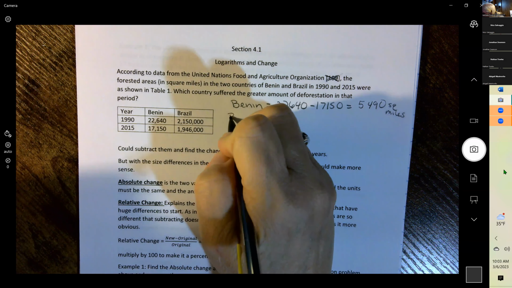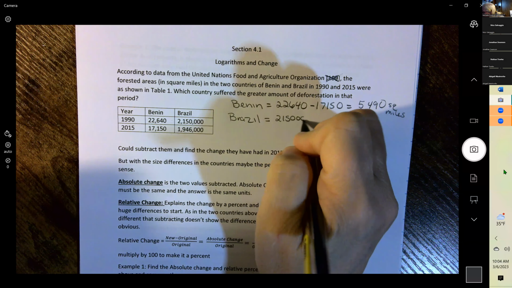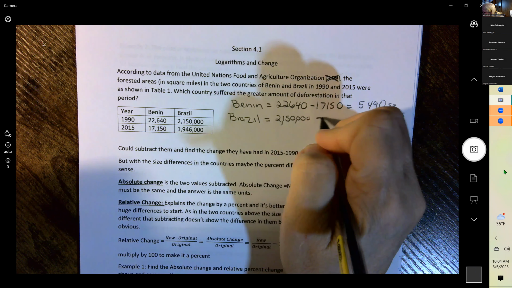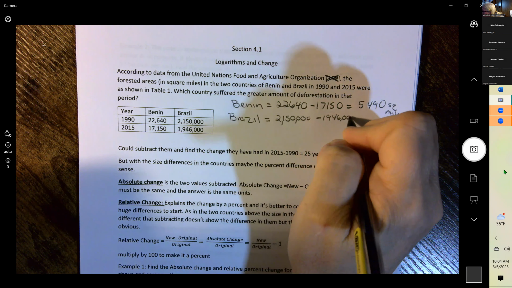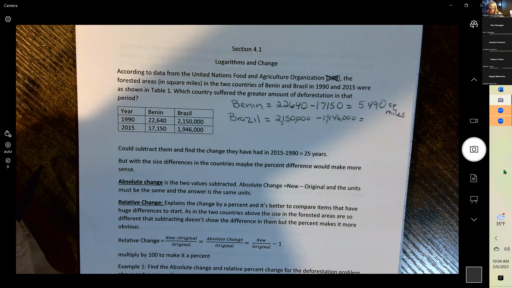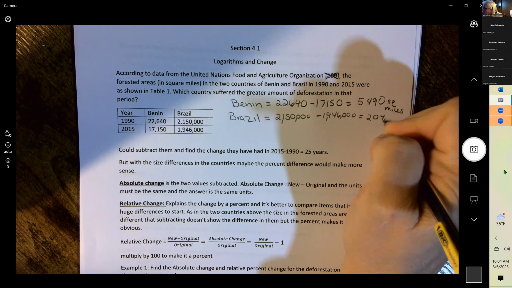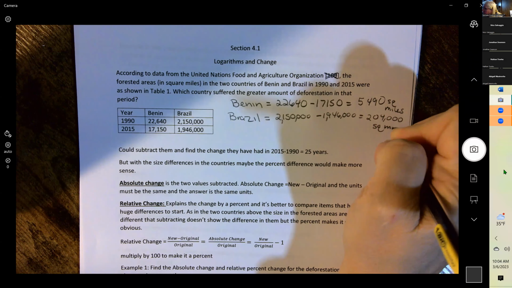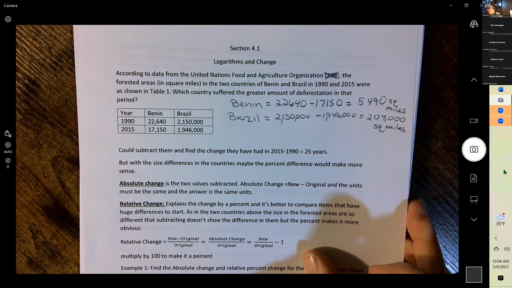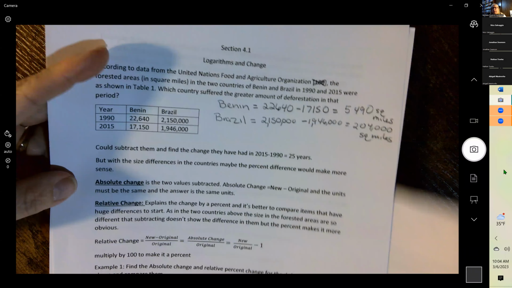In Brazil, we get 204,000. So they tore down 204,000 square miles. Sounds like a lot more. I mean, it is a lot, no matter how you look at it.